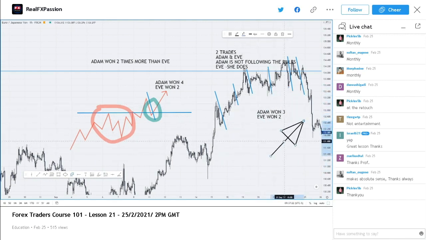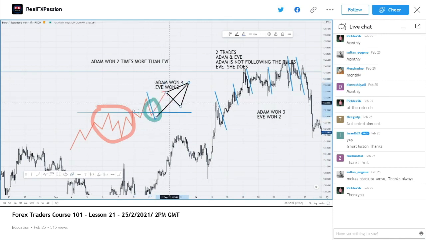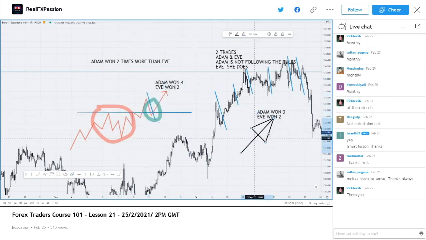Like, Adam, you are working like a horse. Yes, but I made 2 times more than you, woman, right? And Eve is smart. Remember, there's no right or wrong, but Eve is looking at Adam, and Adam is working like a horse. Just an example.